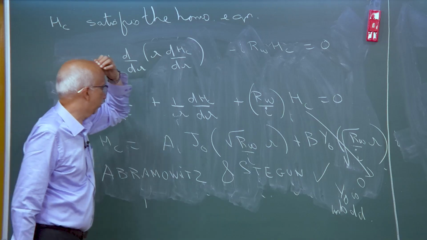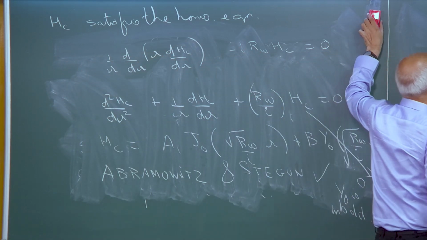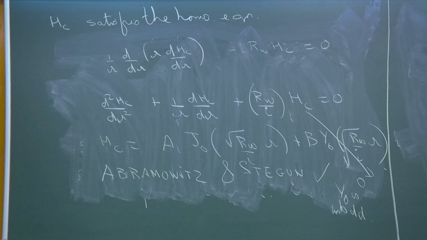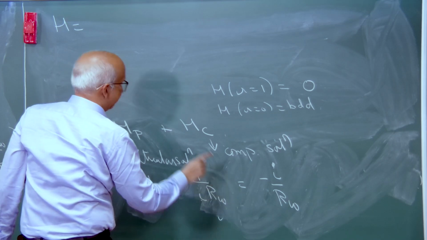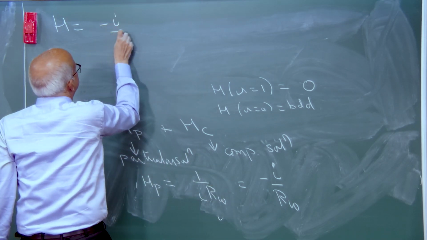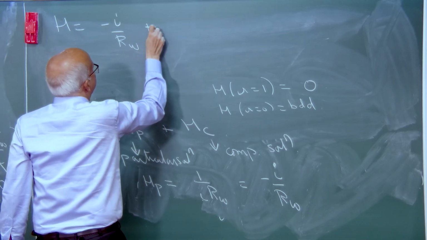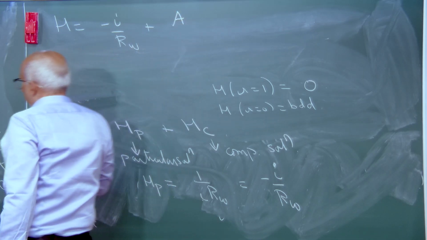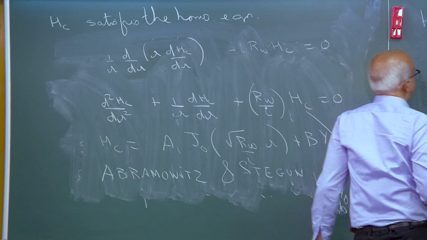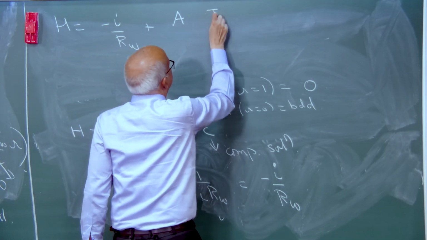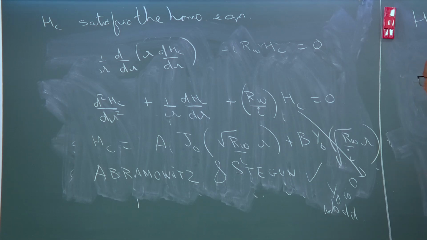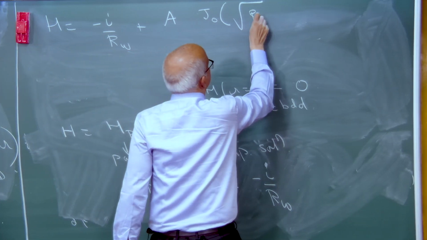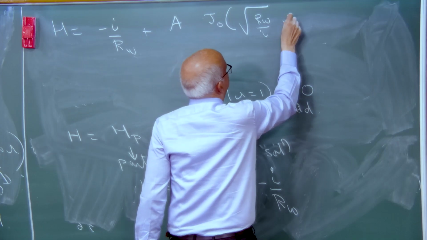So your solution H is going to be the particular solution, which is minus I divided by Rw, plus the homogeneous solution, which is A times J0 of square root of Rw by I times r.